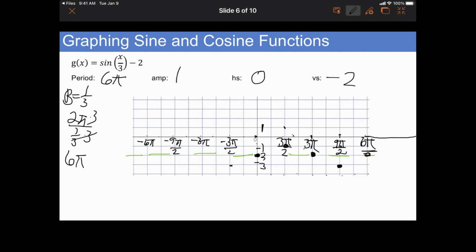Okay, going backwards down to the midline. Up to the midline. And there we are. Okay. G of x.